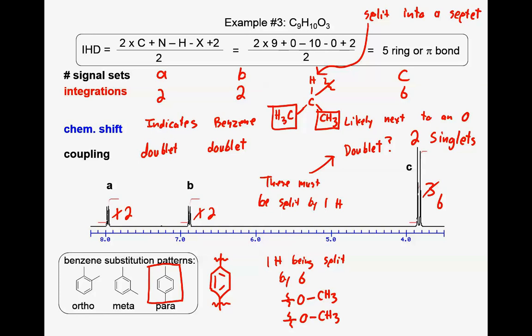All right, let's think about what we've got left over. We've got 1 carbon left over and 1 oxygen. What else do we have left over? Our hydrogen deficiency was 5. How much hydrogen deficiency have we actually used up in our structure? 4. So we've also got 1 unit of hydrogen deficiency.